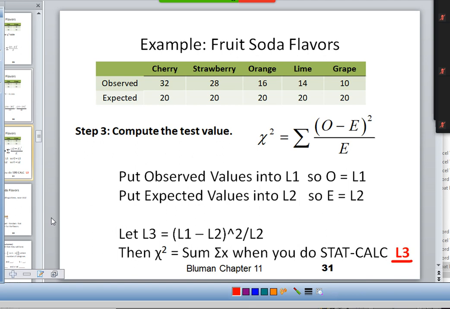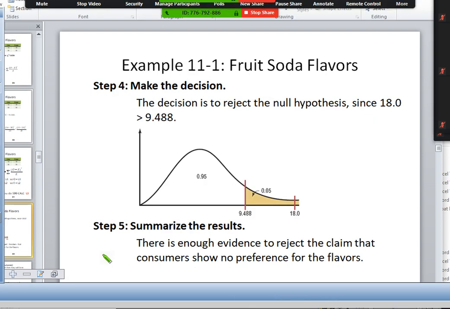And then here's a summary of the results. There is enough evidence to reject the claim, so pretty much you're going to be looking at reject for your claim for 11.1 and 11.2. 11.3 is the means are the same.